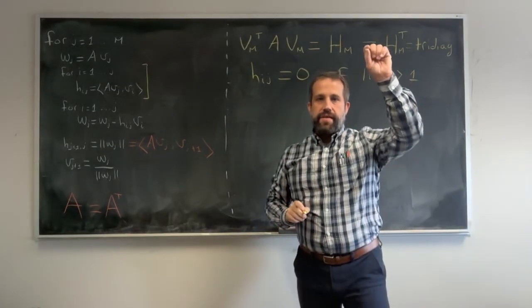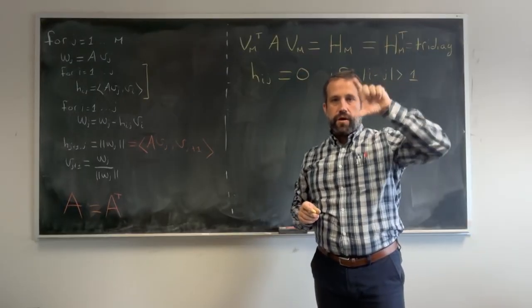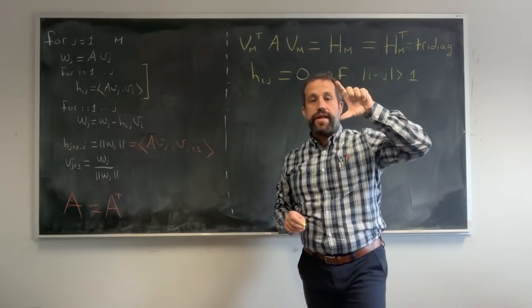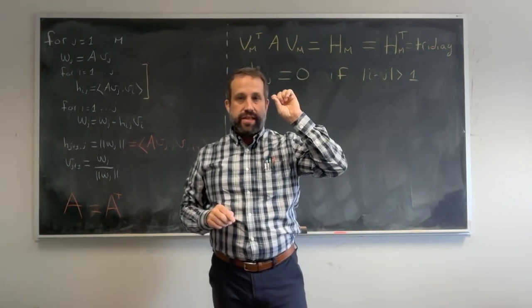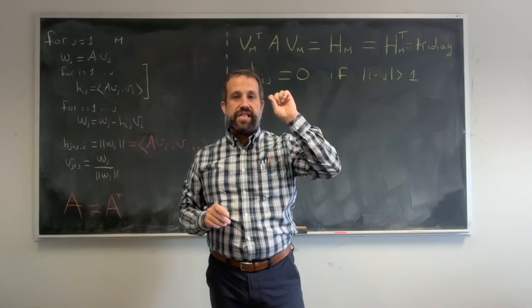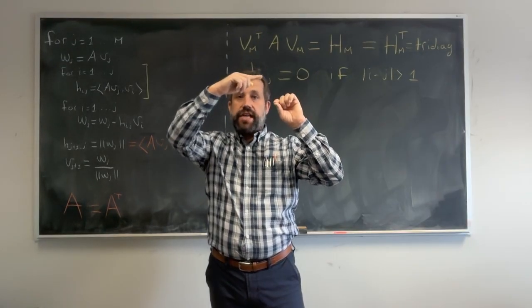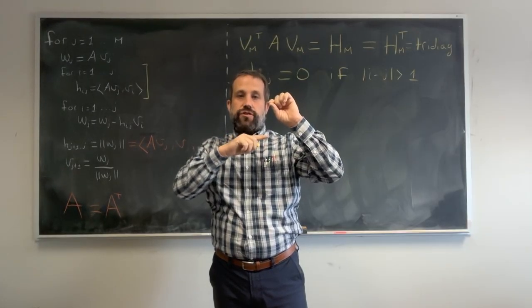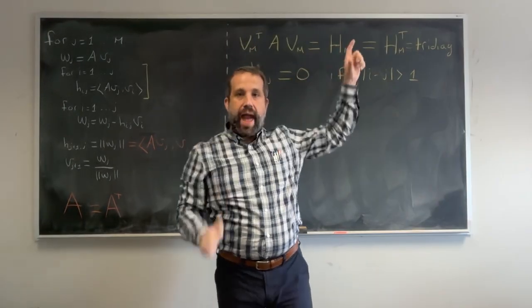Because if we're computing the 7th column, what are the entries in that column that could possibly be non-zero? Well, it's going to be the entry on the diagonal, that is the 7th row in the 7th column. The entry above it, that's the 6th row in the 7th column, and the entry below it, that's the 8th row in the 7th column. All of the other entries are going to be off of that tridiagonal band that H has.